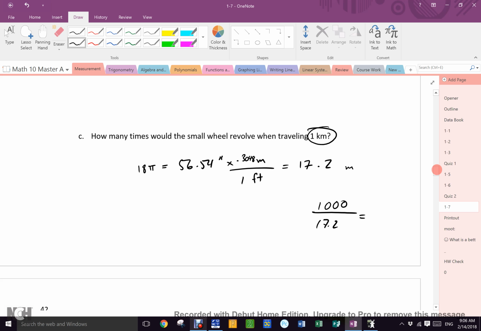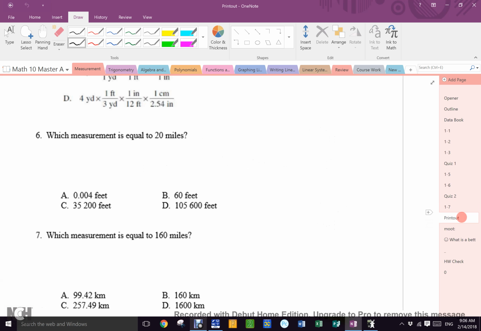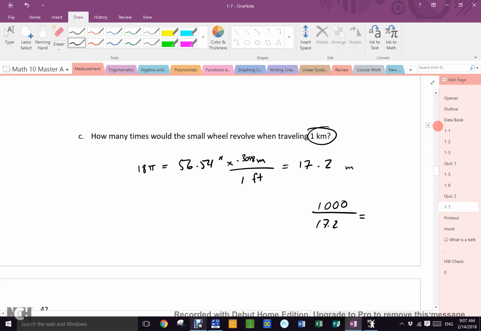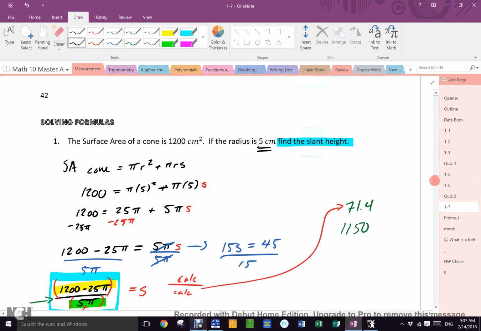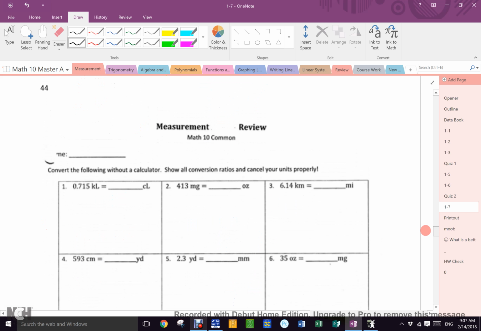Listen to me carefully. When you finish this quiz, it is only 5 questions. You will probably finish before the end of class. If you look in your Outrageous Orchid book and you go to page 44, you will see the measurement review.